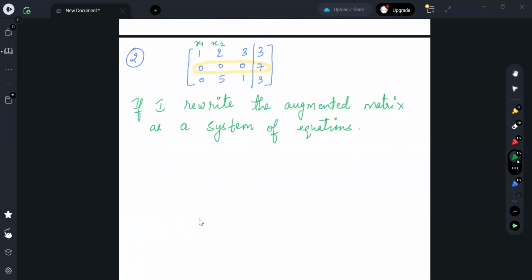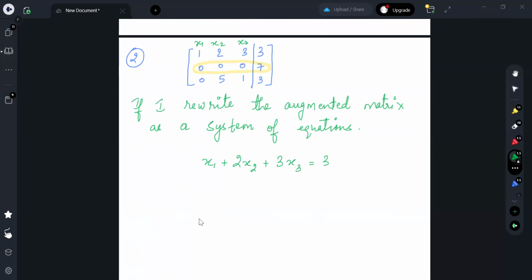Let's assign the variables here: x1, x2, x3, and I'll have x1 plus 2x2 plus 3x3 equals 3. Well, nothing looks fishy there. Surely you can find values of x1, x2, x3 such that it equals 3. Sure, nothing looks bad. How about the next one?